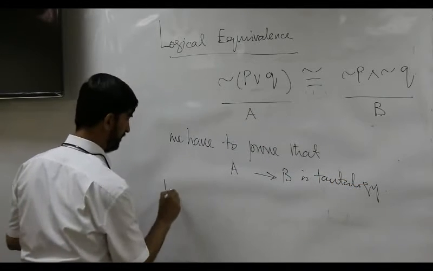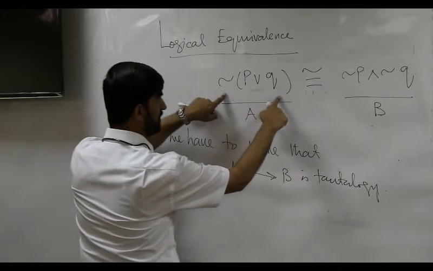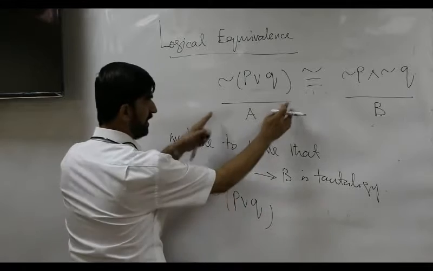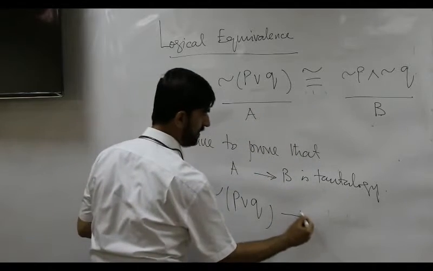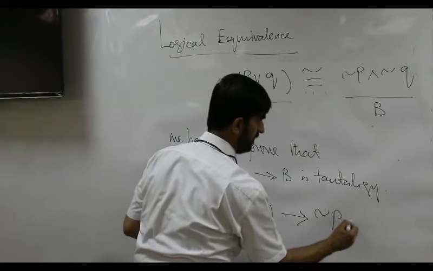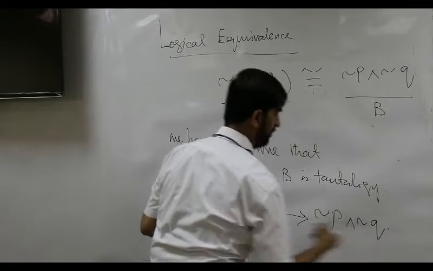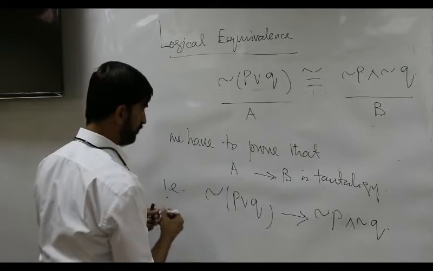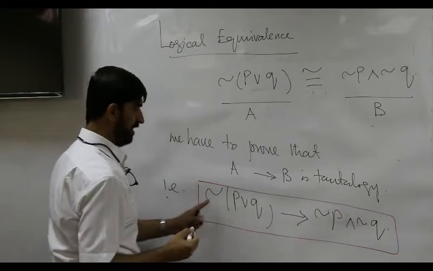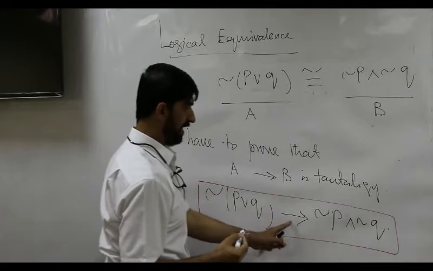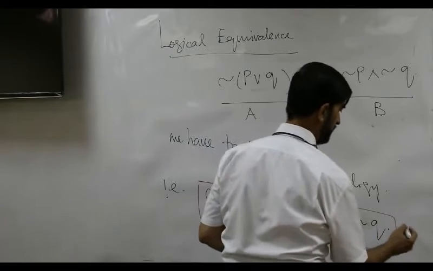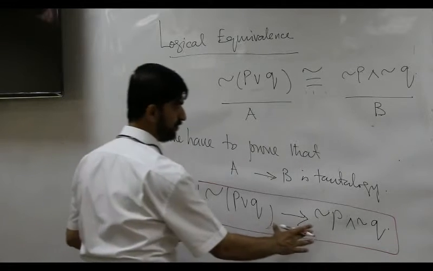That is, we have to show, what is A? Not (P or Q). This is A. Implies, what is B? Not P and not Q. So our objective is to prove that not (P or Q) implies not P and not Q is a tautology. This is our objective.